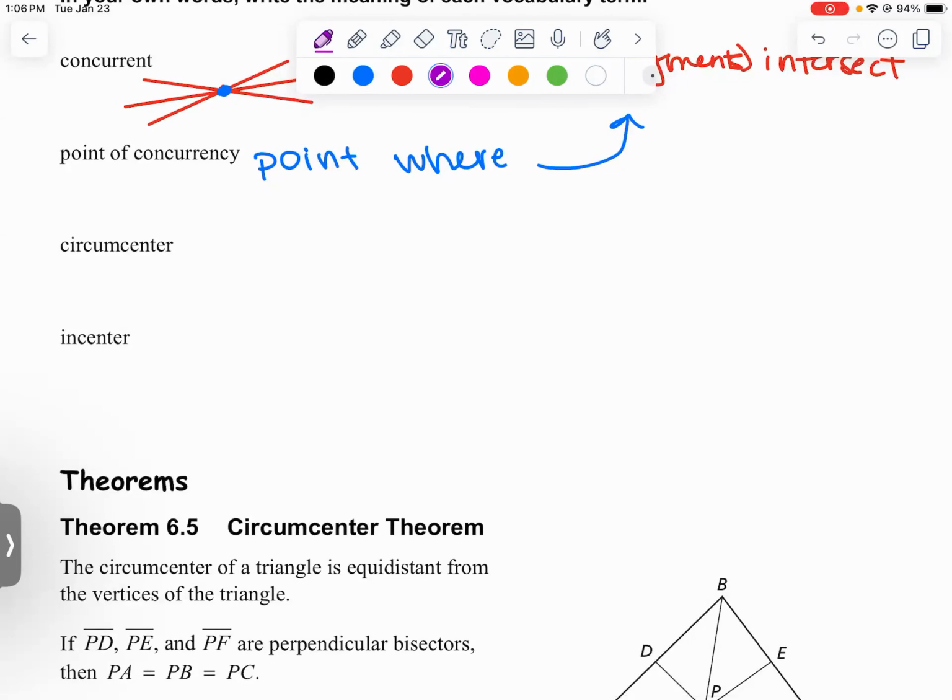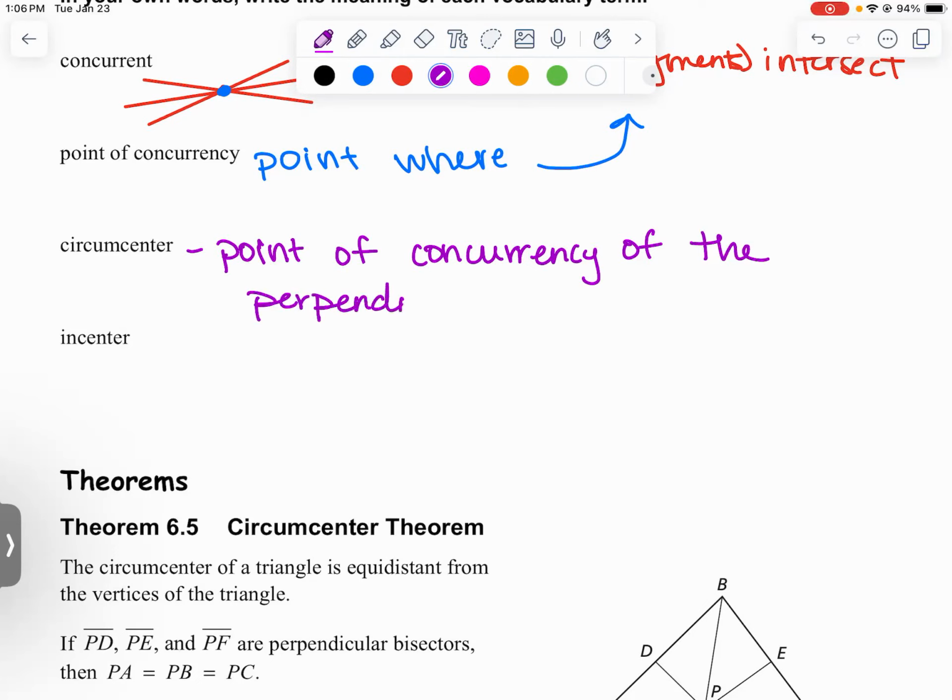The circumcenter is the point of concurrency of the perpendicular bisectors.